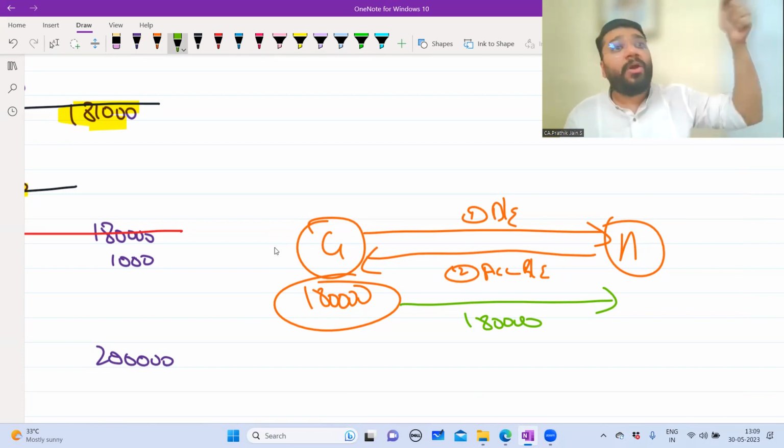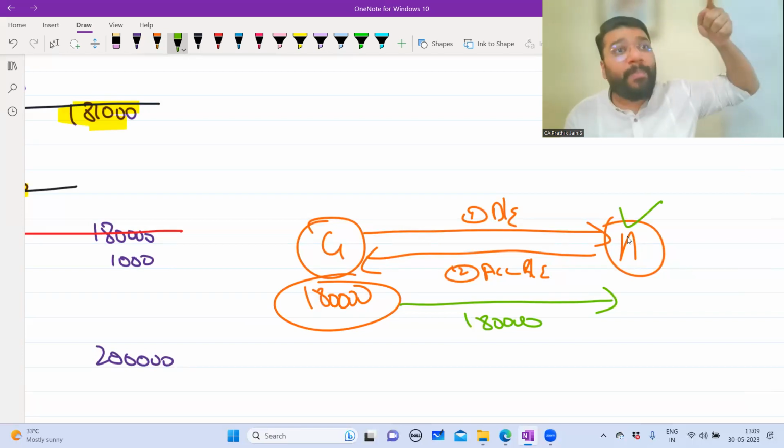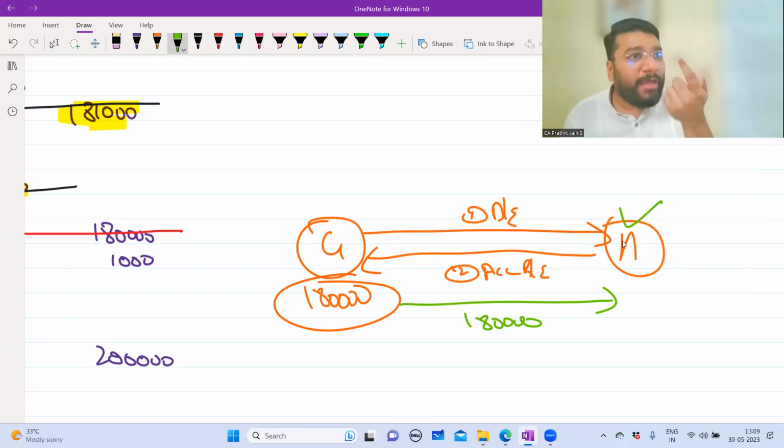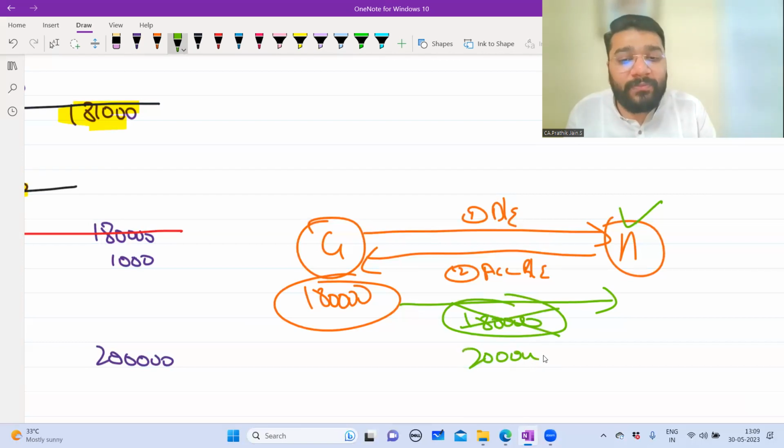So that person on the due date will come and ask money from whom? Harry. Harry should have money in hand, no? So on the due date, what will Gorgi do? Gorgi will pay this 180 to Harry, correct? No. But here in this question, Gorgi has not given 180 worth of money. Gorgi has given 2 lakh worth of goods.